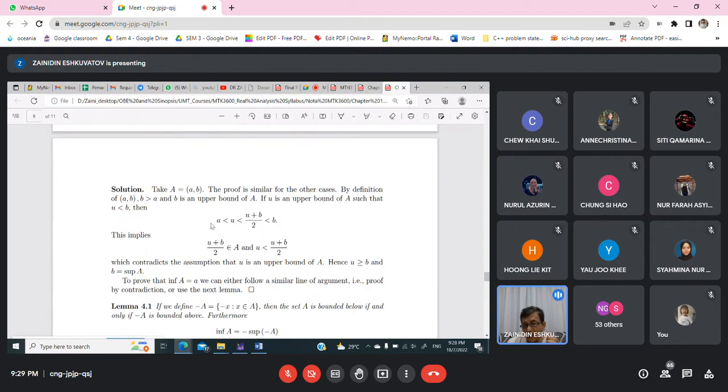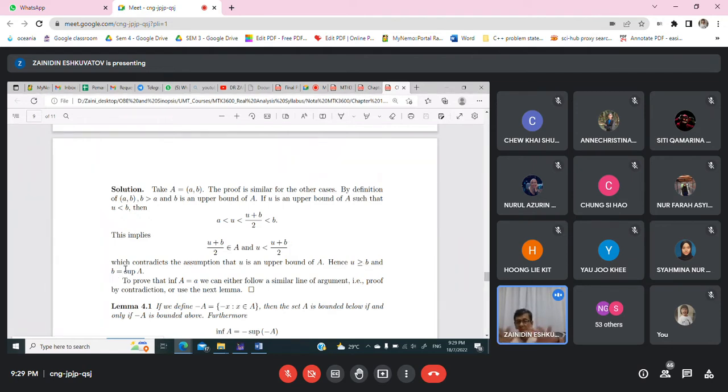This implies (u plus b) over 2 belongs to A, and u is less than (u plus b) over 2. This contradicts the assumption that u is the upper bound of A. We are saying u is the upper bound of A, but we found that it is less than (u plus b) over 2. Hence u is greater than or equal to b, and b is the supremum.